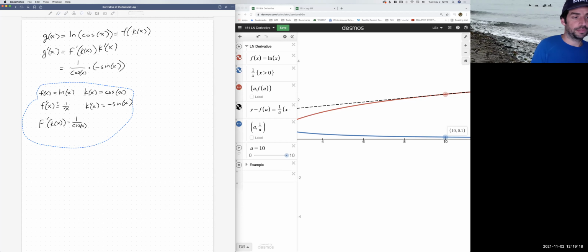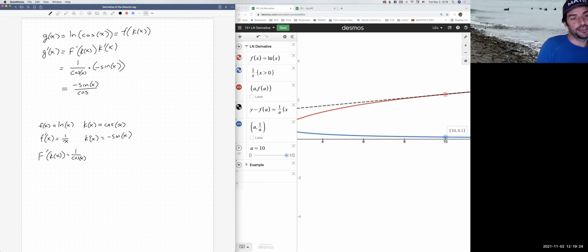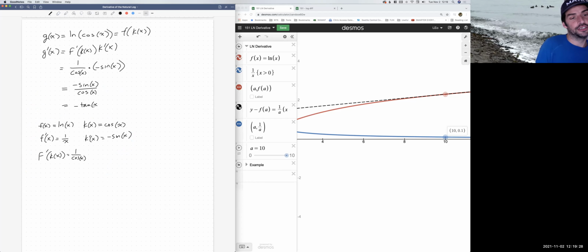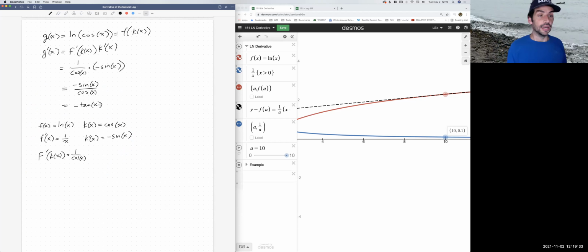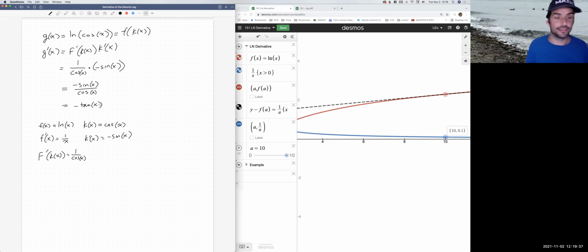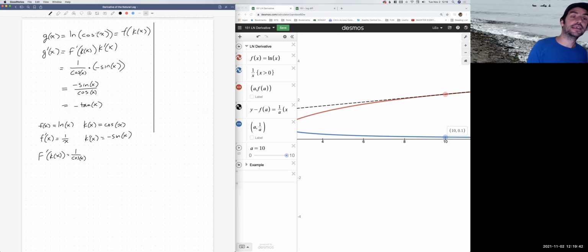And we can simplify this as negative sine x over cosine of x, which is, of course, the negative tangent of x. So just a nice combination of this function with the chain rule. One other thing we should call some attention to.